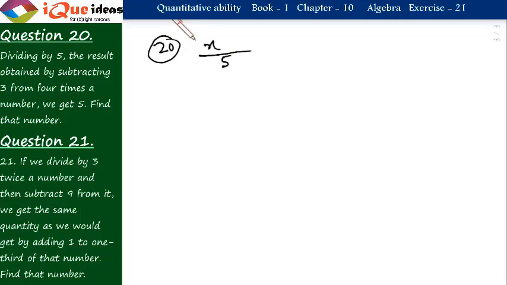So let's assume that the number is x. So 4 times the number will be 4x and subtracting 3, so it is 4x minus 3 divided by 5. We get 5. So the outcome is 5. If you simplify, it is 4x minus 3 equal to 25.